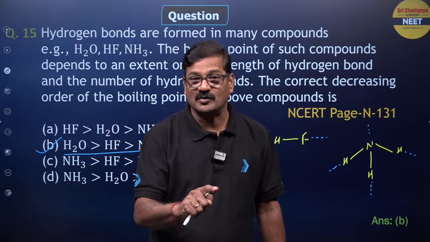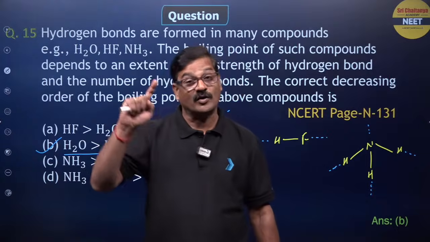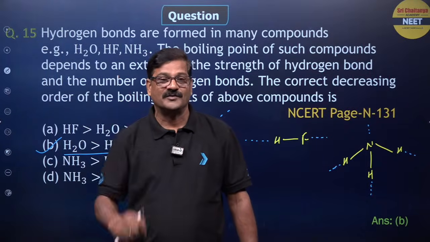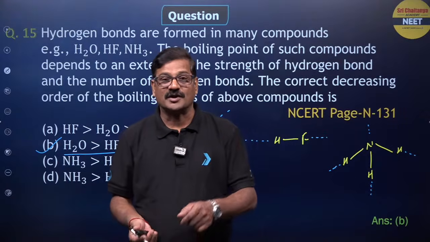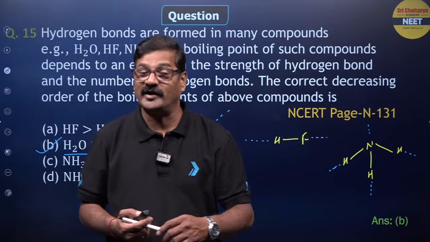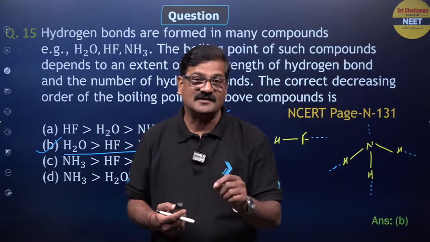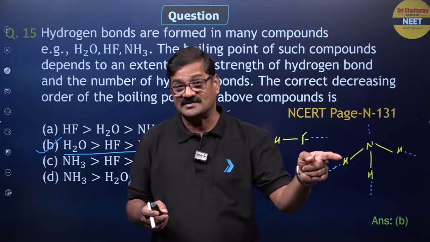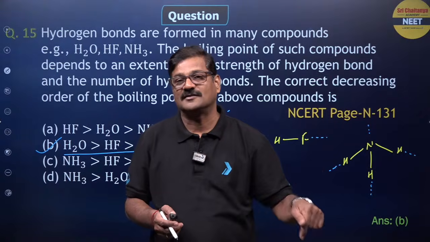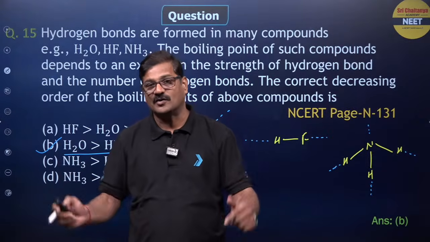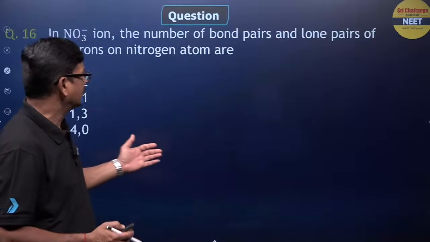This particular hydrogen bonding can give you interpretation in organic chemistry, the acidic nature of phenols, which you may remember. Also in solutions on colligative properties, intermolecular hydrogen bonding of acetic acid and benzoic acid, dimerization, van't Hoff factor 1.5, less than 1. Everything is connected to chemical bonding. So my dear children, focus on the NCERT. You are going to get this.